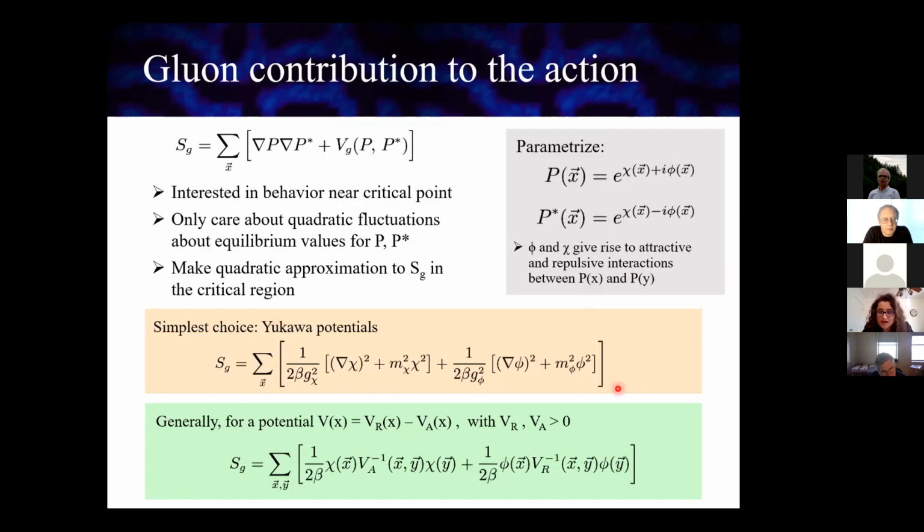This would be your gluon contribution to the action, and of course you add on the fermion contribution, and then you have your full action. More generically, we can express any potential we want. We separate it into repulsive and attractive pieces, and then split it up into these two terms with chi and phi.